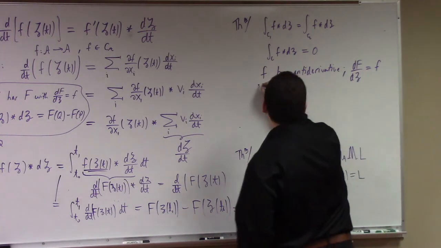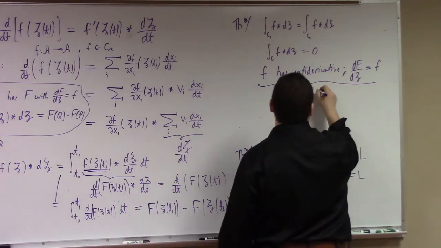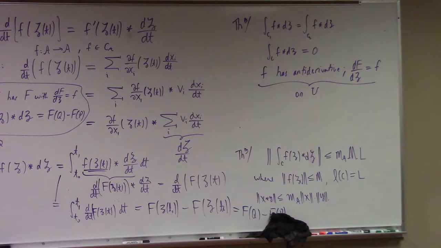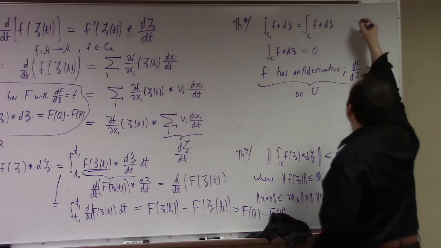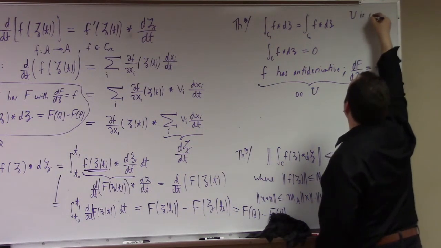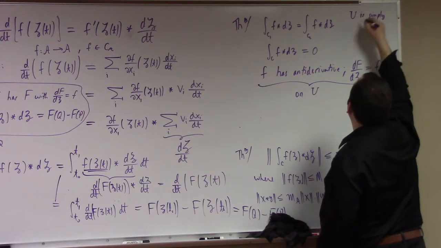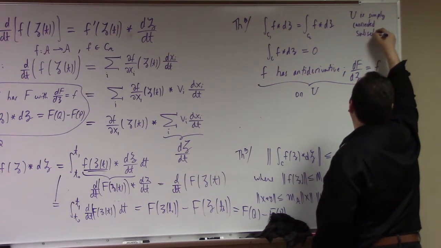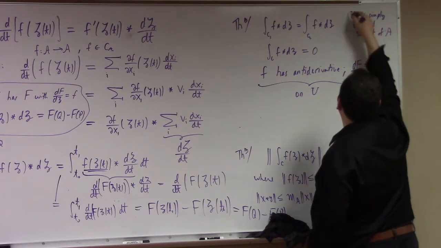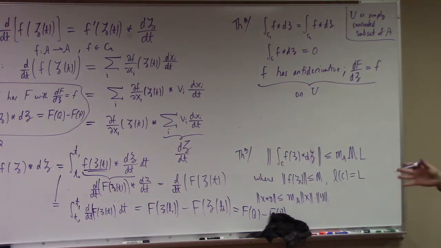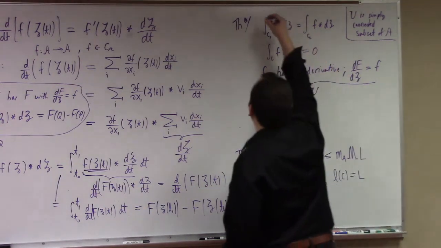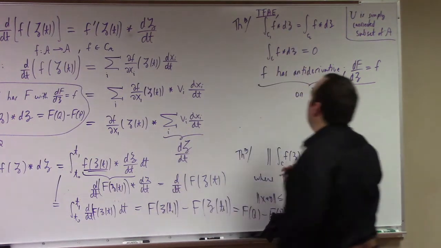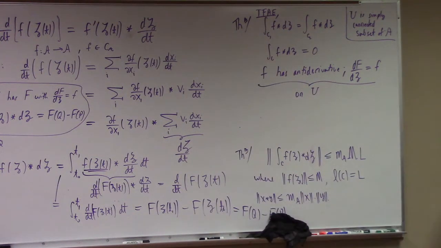This is on U, and here I'm assuming that U is some simply connected subset of A, right? So what's the theorem really? Following our equivalences, I'm still being a little bit vague.